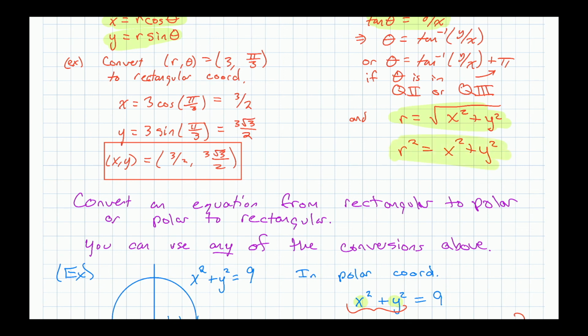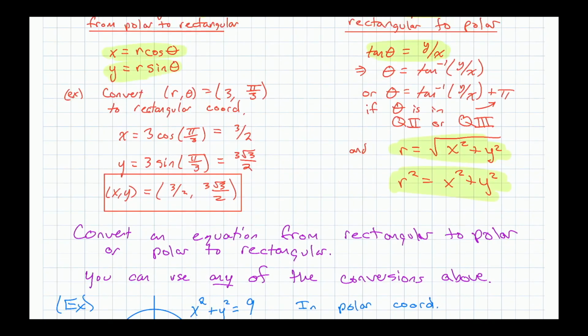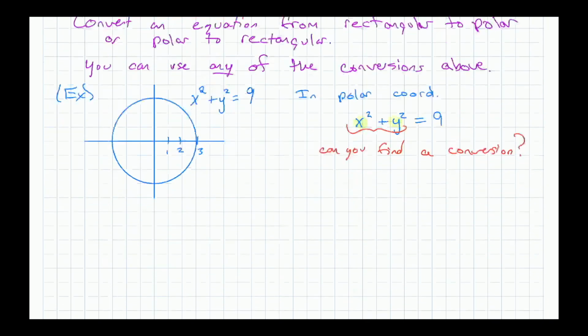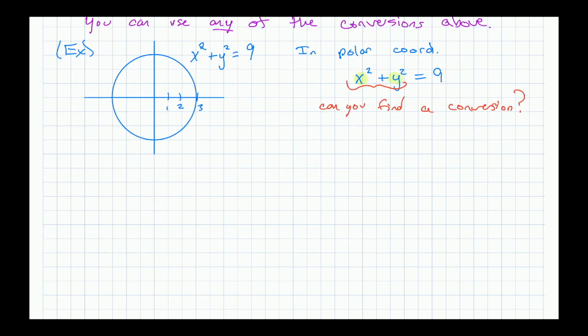So either you use these right here, or you use this one. Either one will work, but this one's going to be more direct because we have an x squared plus y squared, which happens to be exactly equal to r squared. So let's just put that in and it'll be faster. We notice that x squared plus y squared equals r squared.